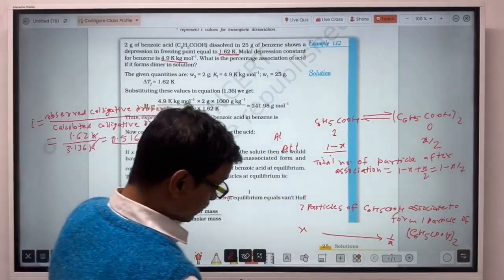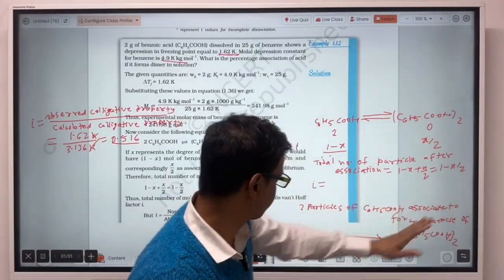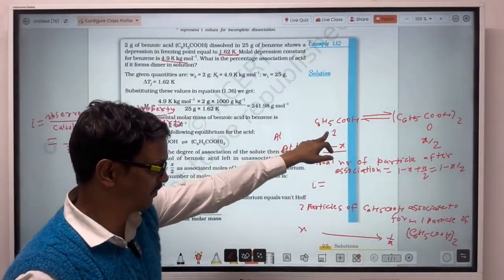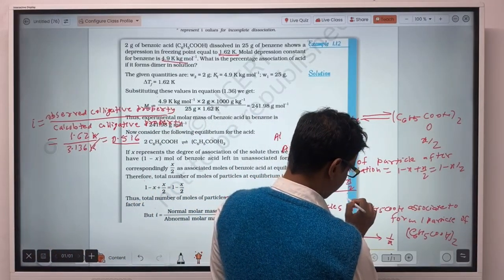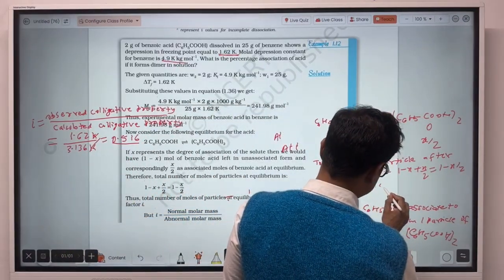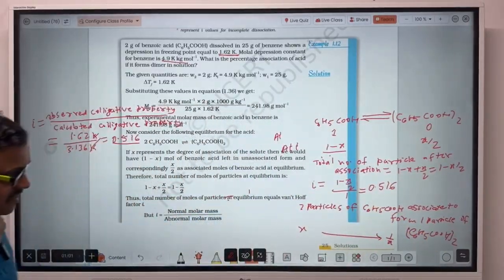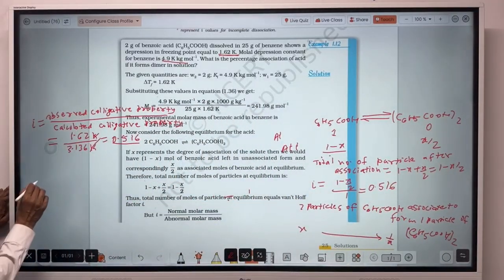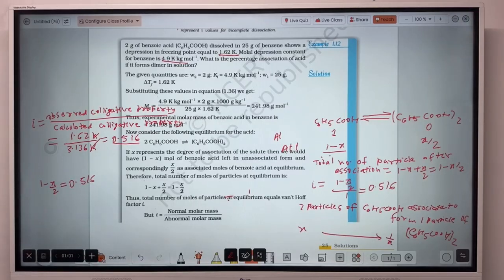Okay, so the van't Hoff factor will be equal to the number of particles after association upon the number of particles before association. So the van't Hoff factor will be (1 minus X by 2) upon 1, and the van't Hoff factor you have also calculated as 0.516. So 1 minus X by 2 will be equal to 0.516.